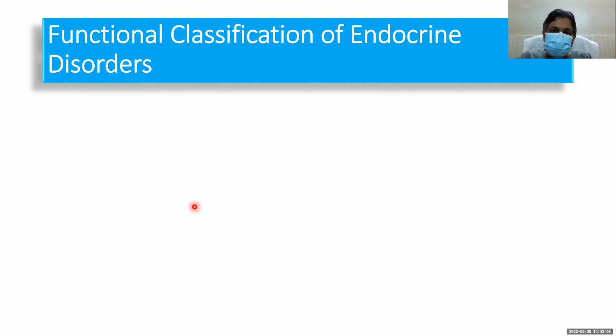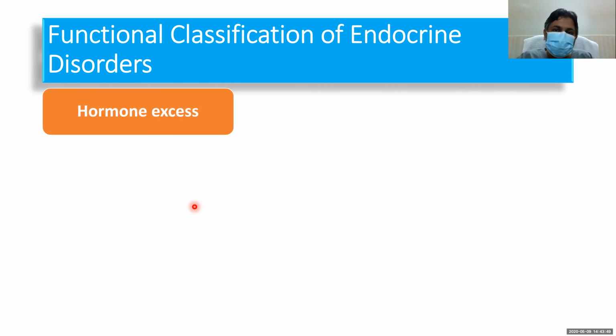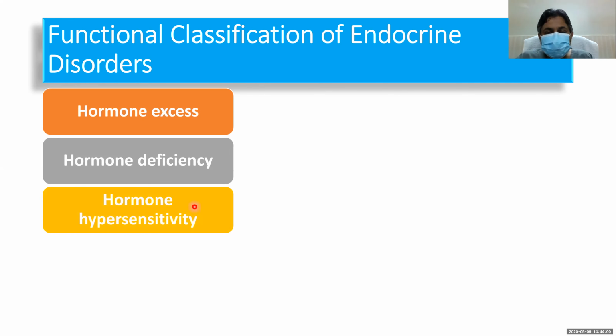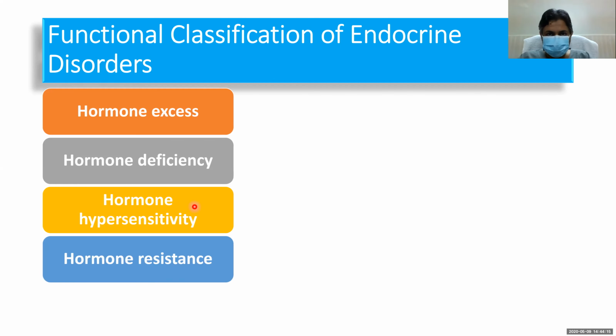So functionally they have to be classified, and they may be hormone excess, simple, in which more hormone is being secreted, or it may be hormone deficiency, in which you find less hormone present in the body, or it may be a hormone hypersensitivity, that's a receptor defect, in which the actual amount quantitatively of the hormone remains the same, but its effect is accentuated at the peripheral target tissue level because of the defect in the post receptor signaling or the receptor affinity to the hormone.